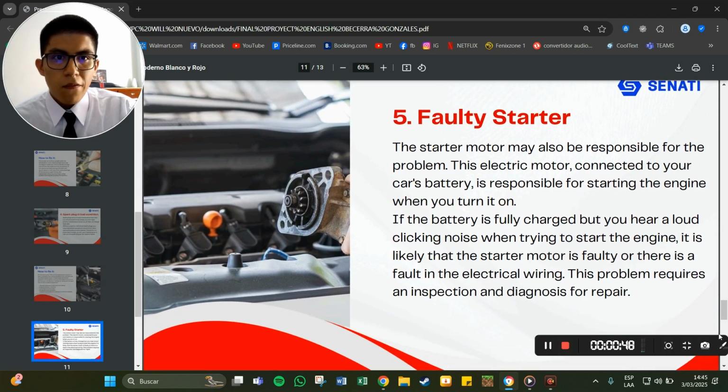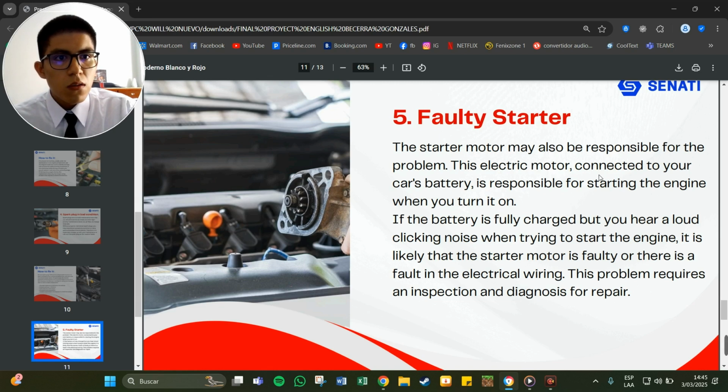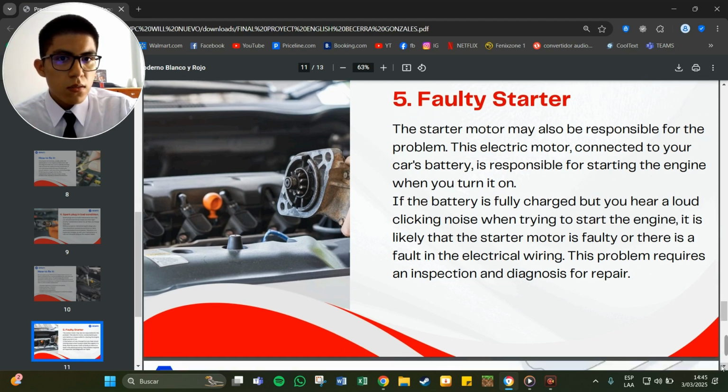5. Faulty starter. The starter motor may also be responsible for the problem. This electric motor is connected to your car battery. It's responsible for starting the engine when you turn it on.